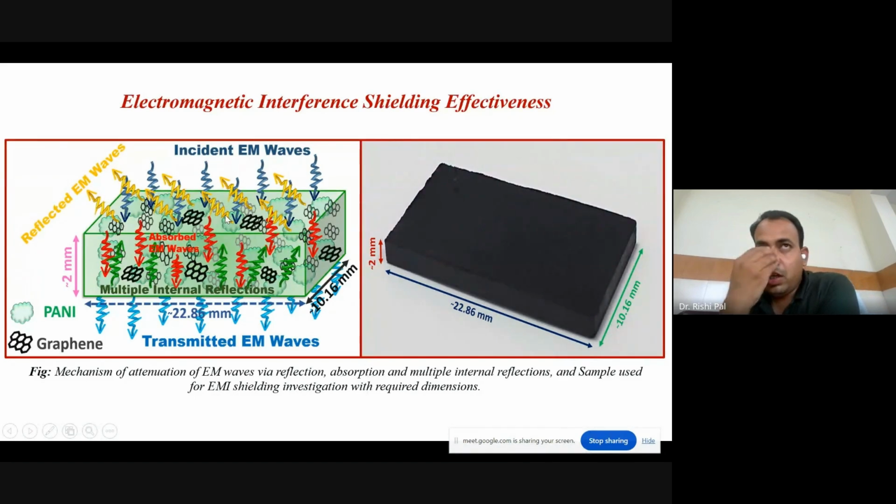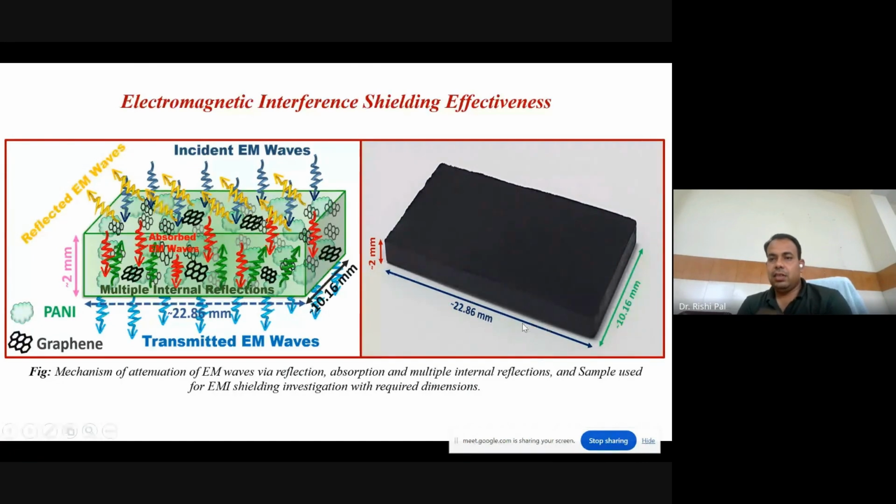Let us consider that 100% of incident electromagnetic waves fall on a material, so only less than 1% of the incident waves will cross the sample. It is only possible if our sample is magnetic. If the sample is magnetic, magnetic dipoles will interact with the incident electromagnetic wave, and if the material is conducting, electric dipoles will interact with the electromagnetic waves.